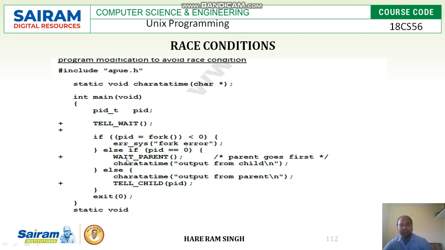We call the wait parent function, then charatatime with the output from the child. Else, for the parent process, we directly call charatatime with the output from the parent. Once the output from the parent is done, it notifies the child process using the TELL_CHILD(pid) function, and exit 0.